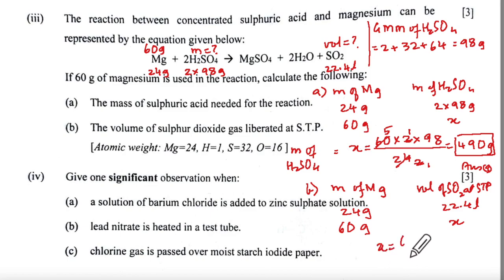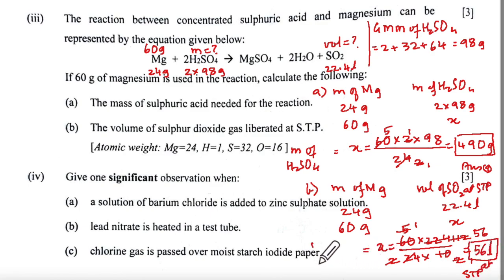X is equal to 60 into 22.4 upon 24. So 12 twos and 12 fives, and we are getting 56 liters at STP.